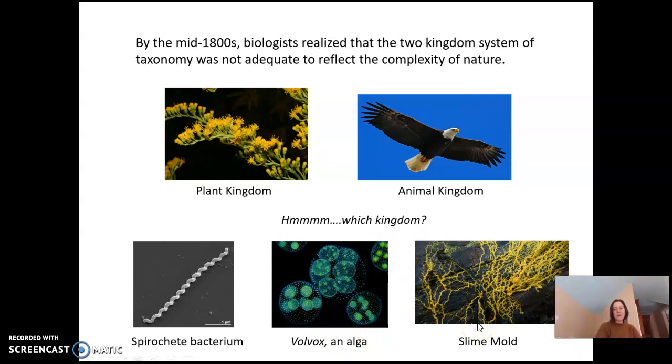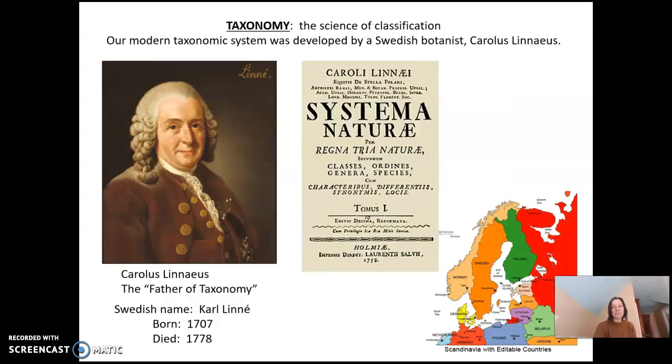And so these kind of don't look like either plants or animals, so we needed to figure out a way to group them. And with technology changing and developing, we're able to look at genetics and look at morphological features under microscopes so we can see where these things belong if we're going to put them in groups.